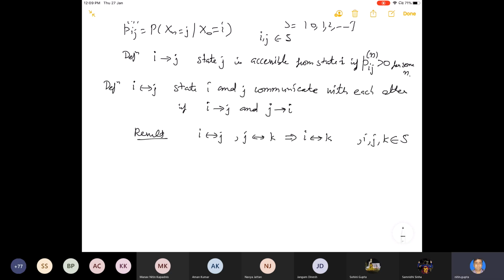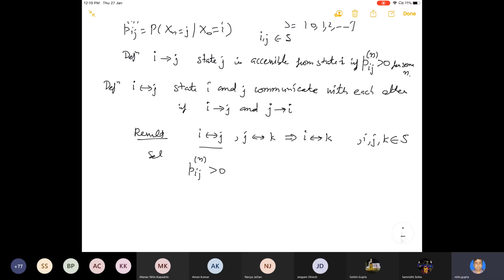Okay. So the solution is easy, because i and j communicate. Therefore, from i to j in some step n we can go.